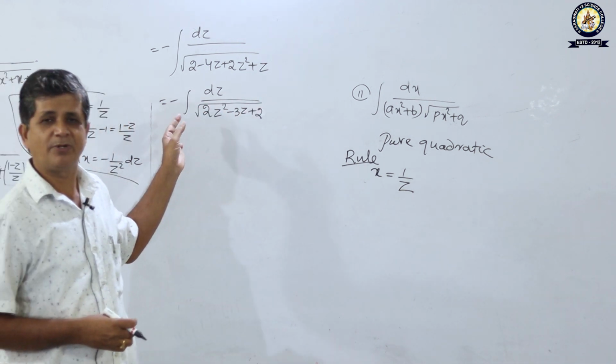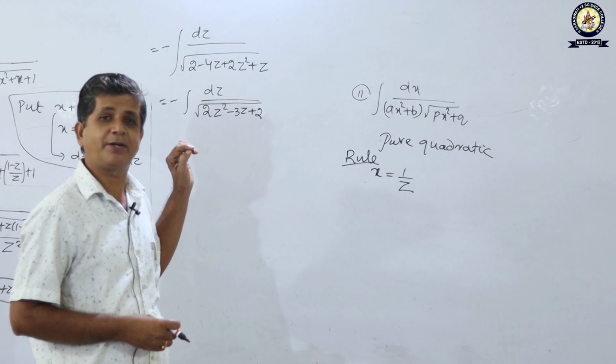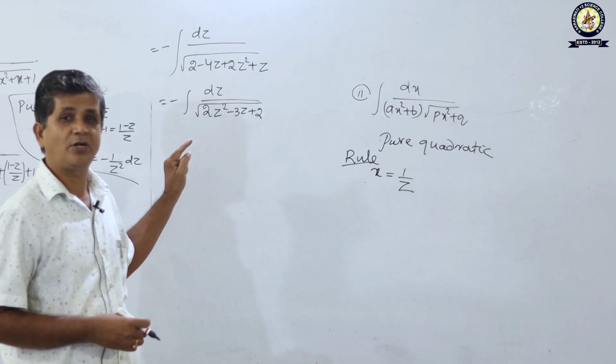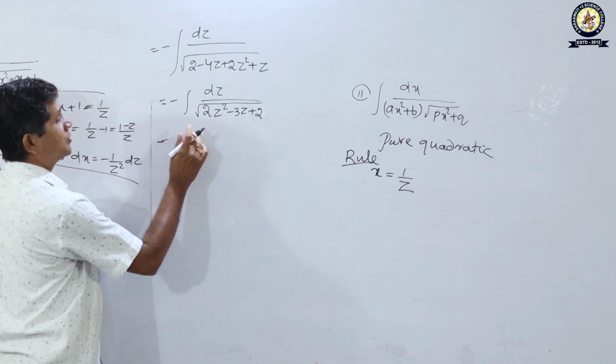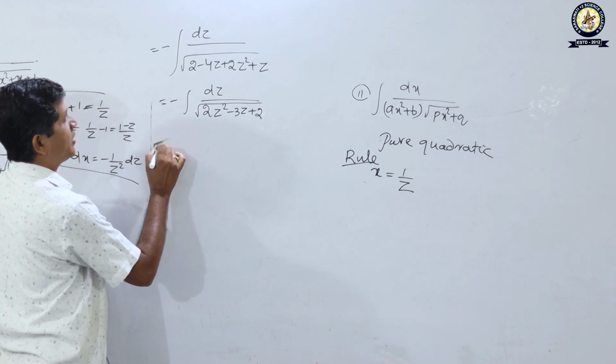Now it is reduced to the formula type dx by root over of (x square plus a square), which gives log of x plus root over of (x square plus a square). We reduce to that one. So in this case we make it a perfect square.